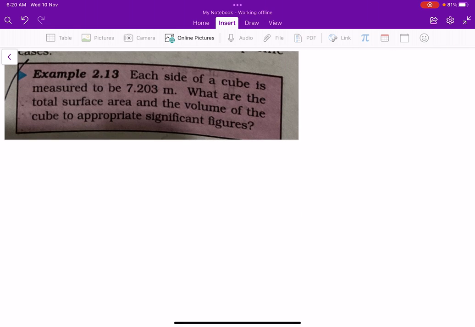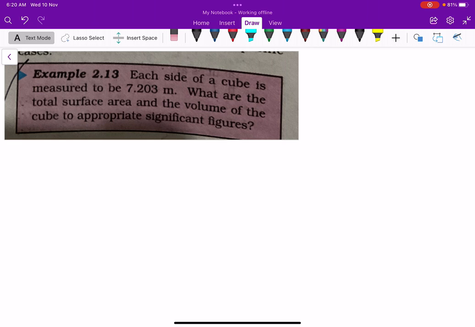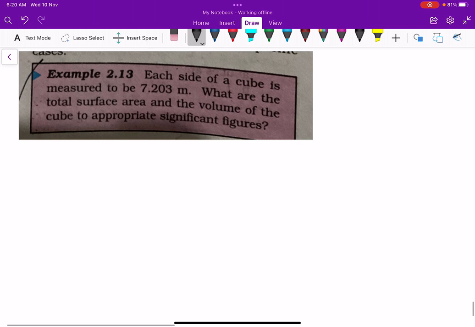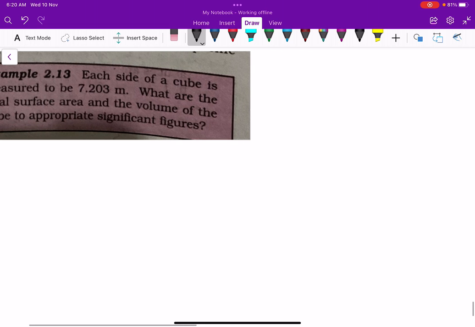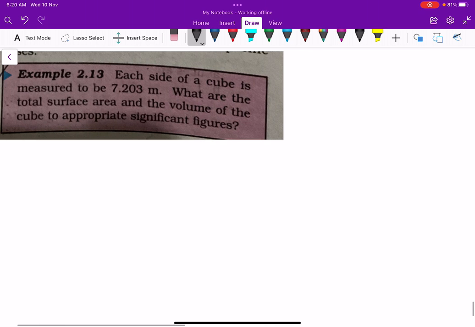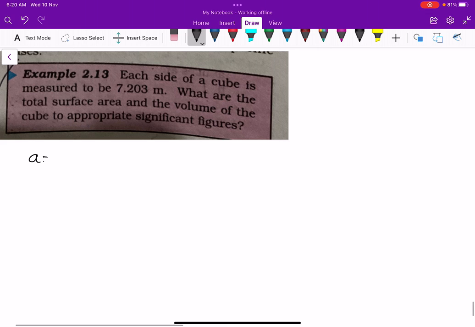This is a simple problem. Each side of the cube is measured to be a equal to 7.203 meters.